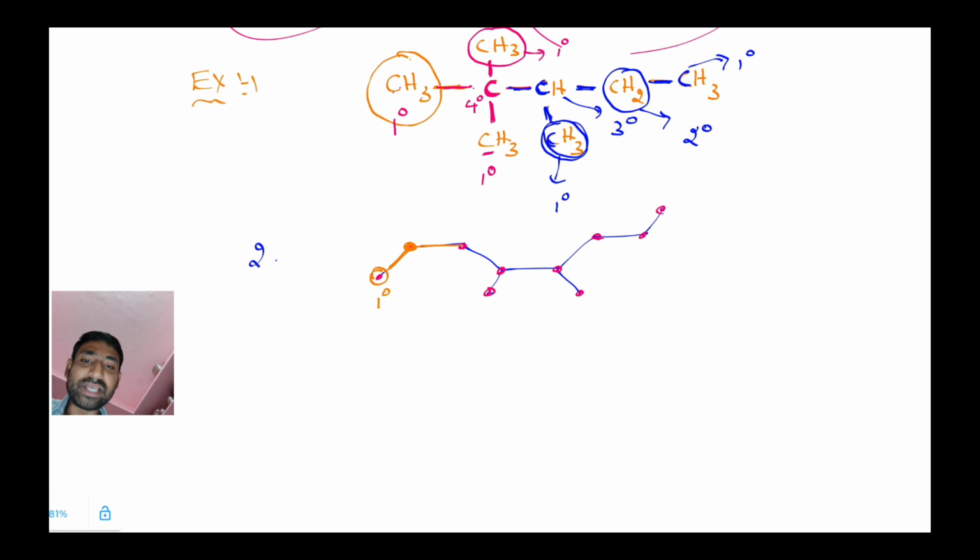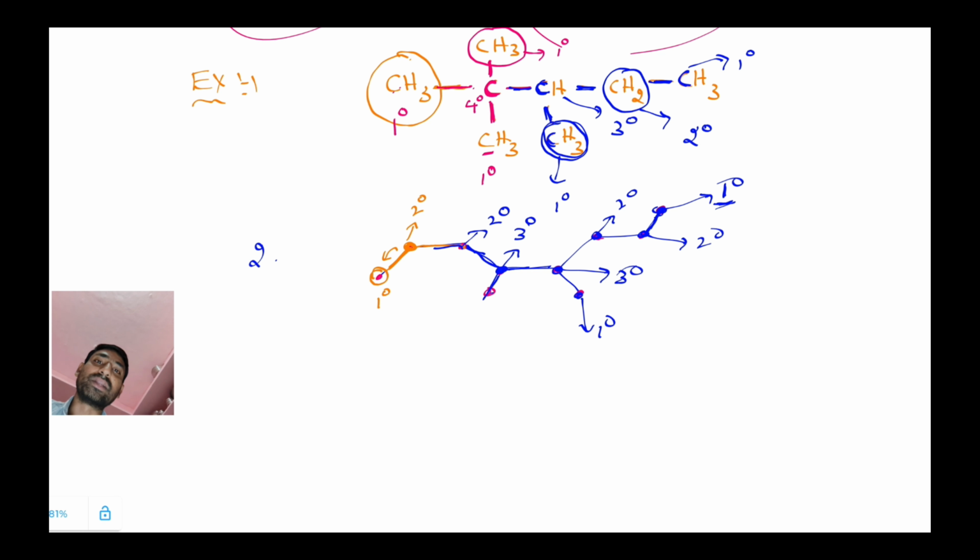Now take a look at this carbon. 1, 2, 3 bonds are there, tertiary carbon. Now this carbon is tertiary, this one is primary, this one is secondary, this one is secondary, this one is primary. Here it is linked with only one carbon, so it is called a primary carbon. Like that we can decide the degree of carbon: primary, secondary, tertiary and quaternary.